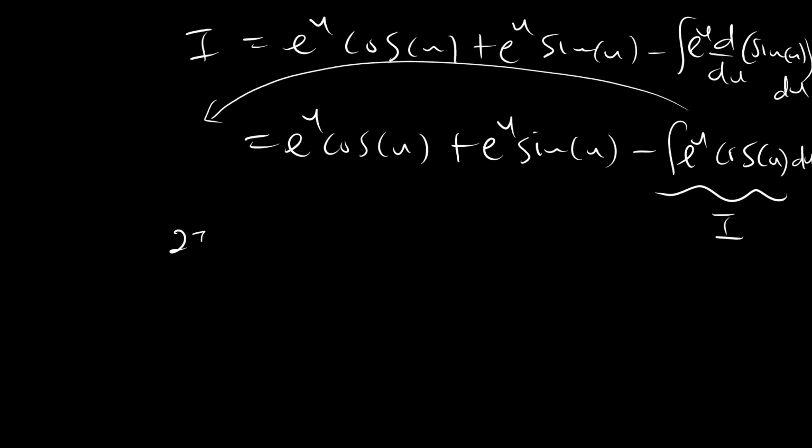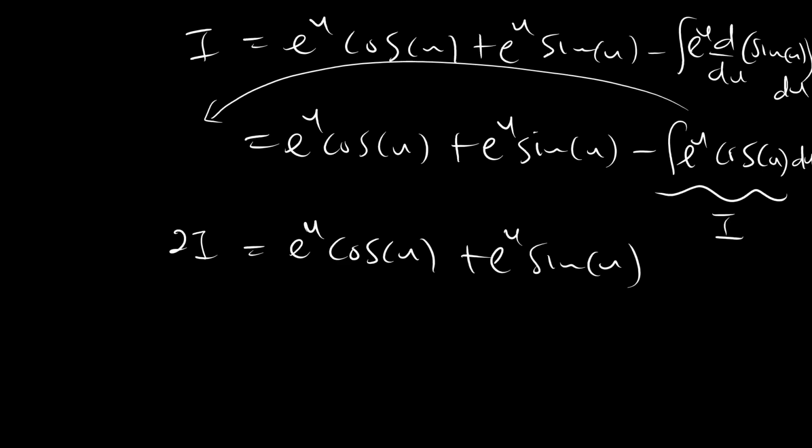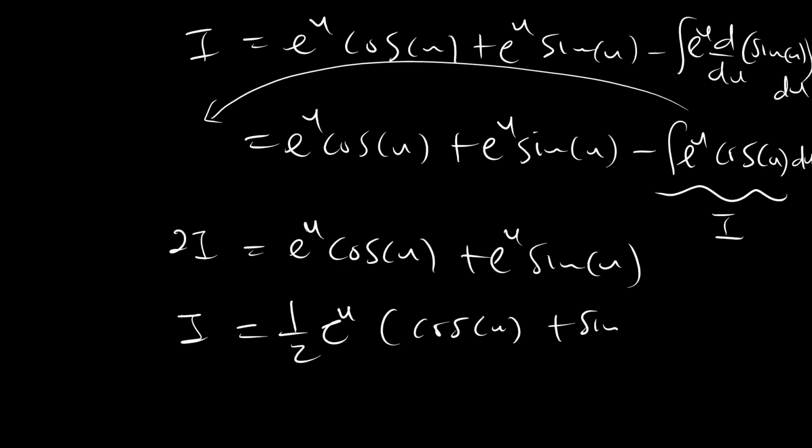So we have 2I is equal to e^u cosine of u plus e^u sine of u, and therefore I, we can pull e^u out, is half e to the u times cosine of u plus sine of u plus c.